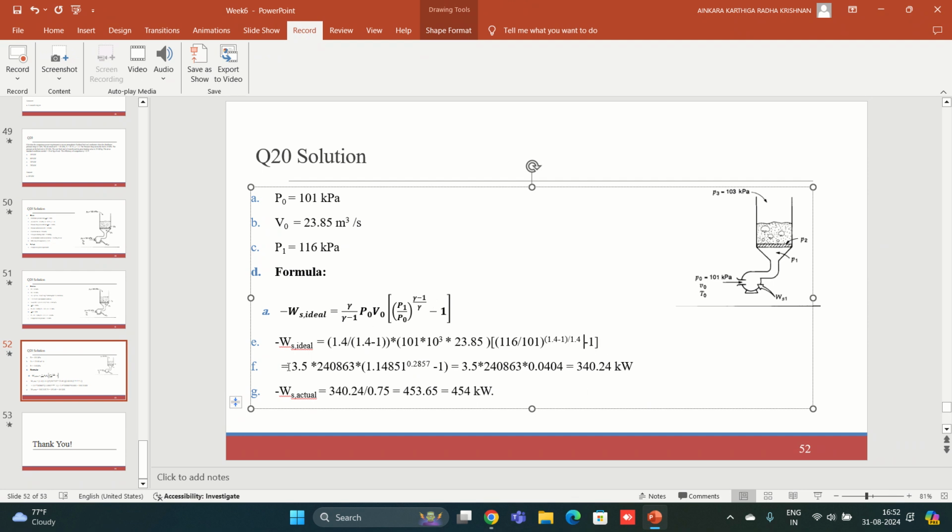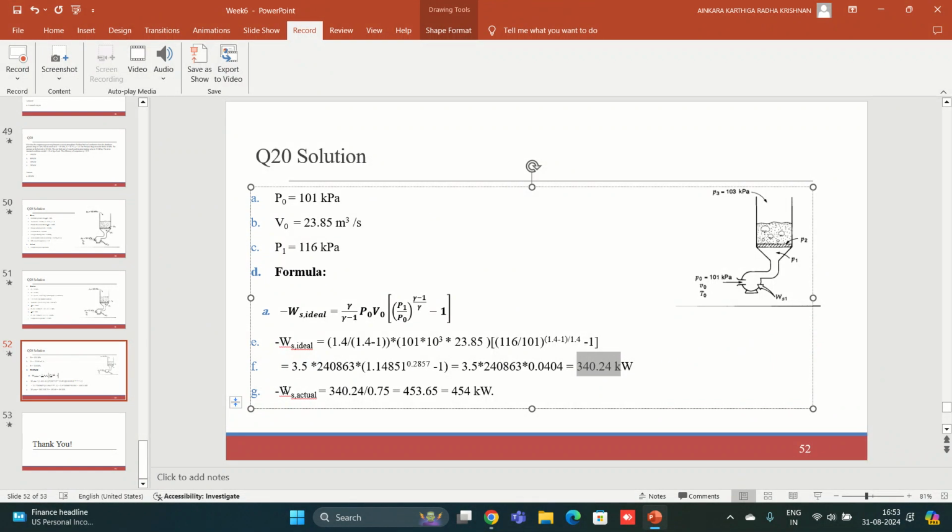We are getting the value as 340.24 kilowatt.